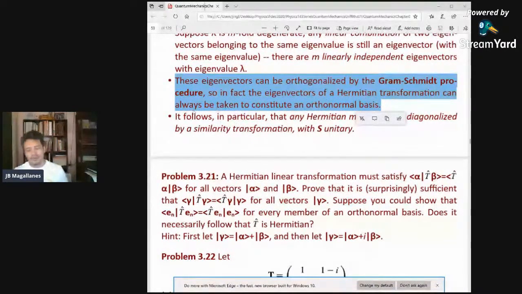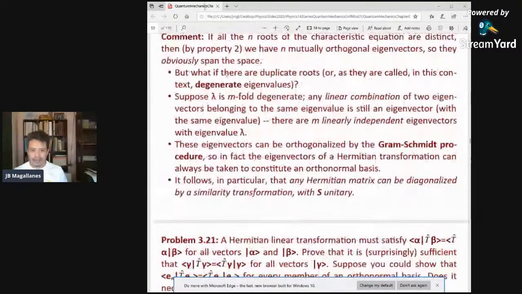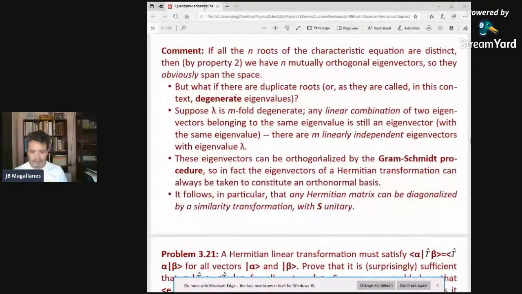If you go back to the previous lecture, there's a problem there that discusses the Gram-Schmidt procedure. You do it in your free time or convenient time, then you'll be able to do it also if you have degenerate eigenvalues.